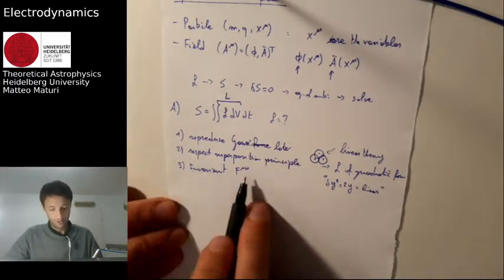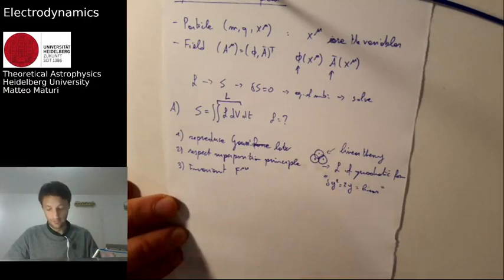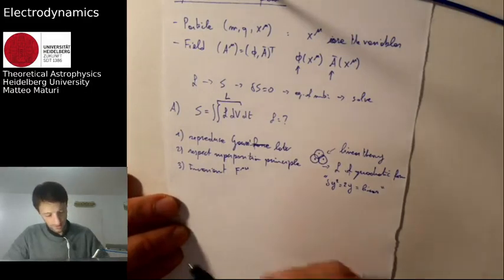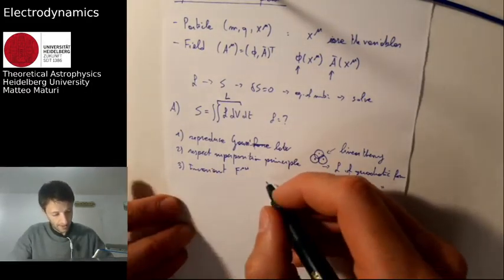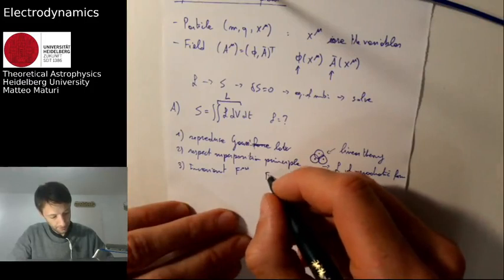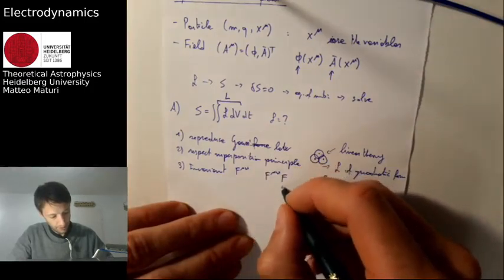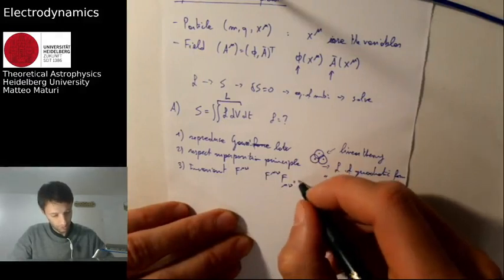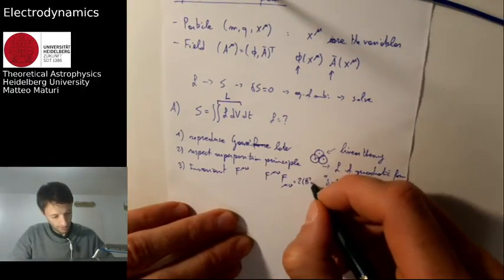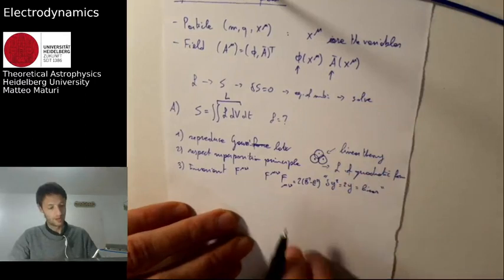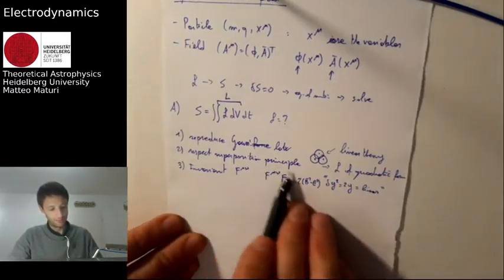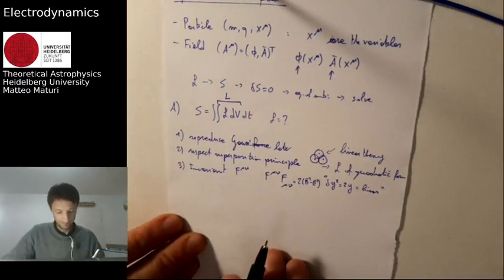And one of the invariants that allows us to fulfill all of these requirements is F mu nu F mu nu, which is equal to 2(B squared minus E squared), as we have seen. Therefore the Lagrangian must be based on this quantity.